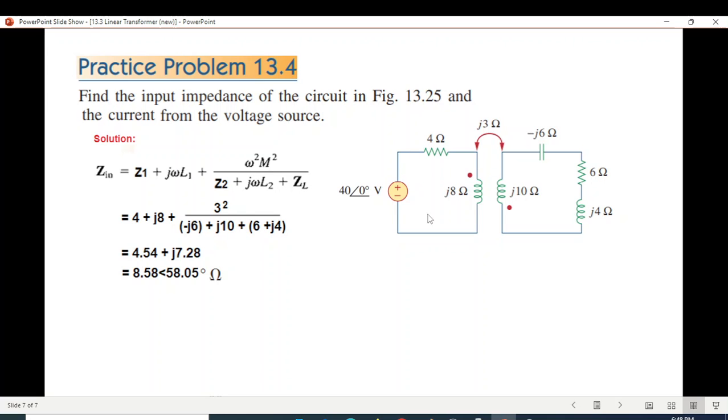This is 4, j8, omega squared M squared, that means 3 squared, and enter all these values at the denominator. Solving, this is our Zin, and current I will be V over Zin. V here is 40 angle 0 divided by Zin. So this is the answer for current.